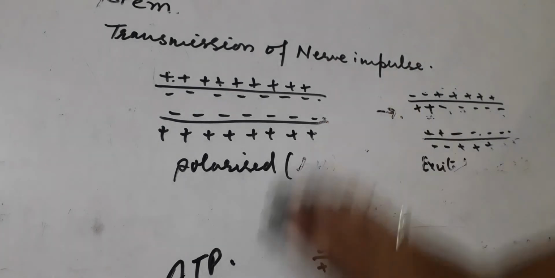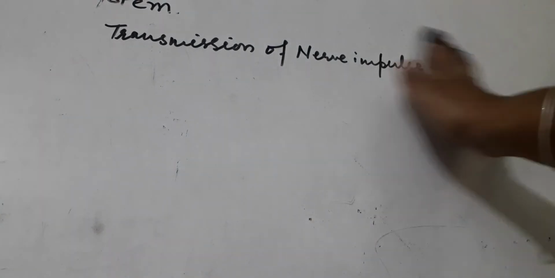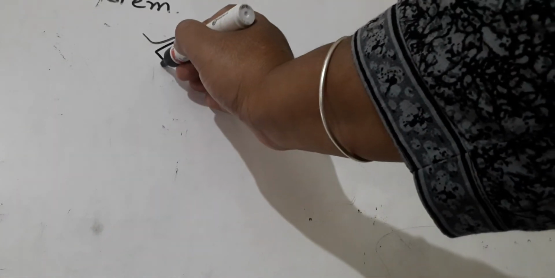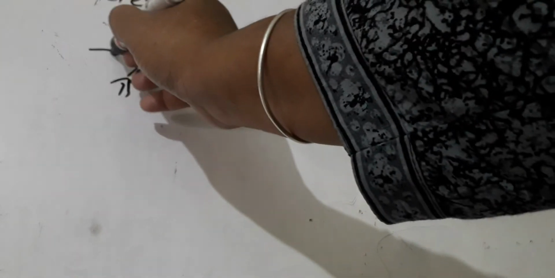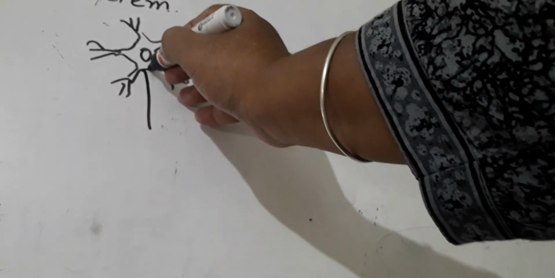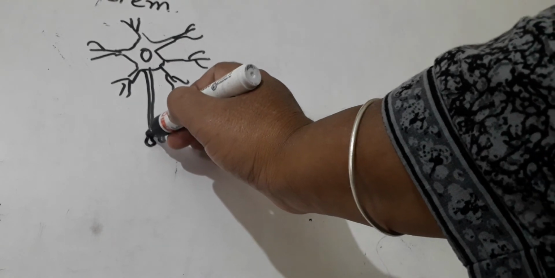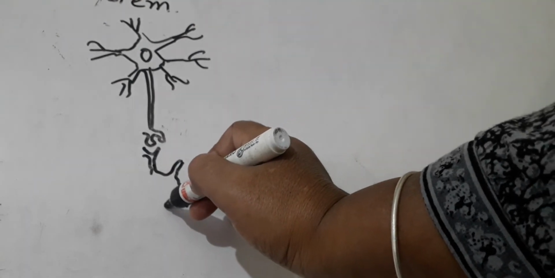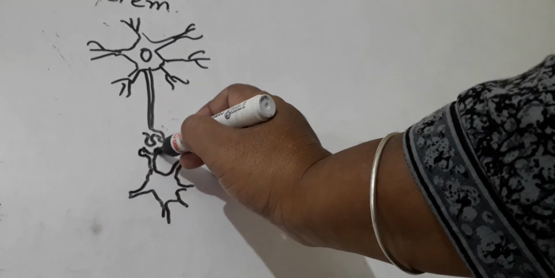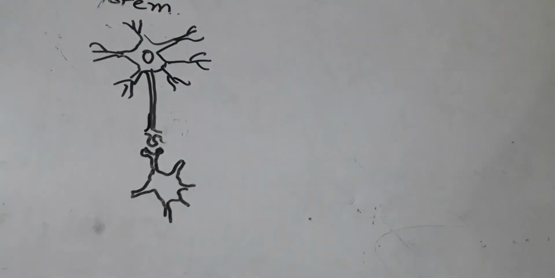Now I will show you how transmission happens from one neuron to another, like this. This is known as the synaptic cleft.